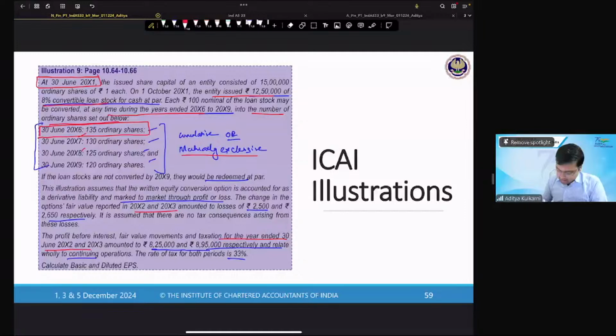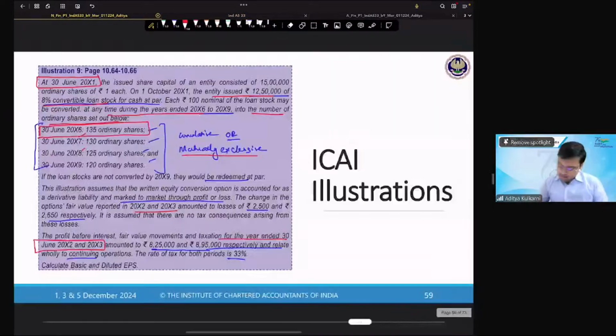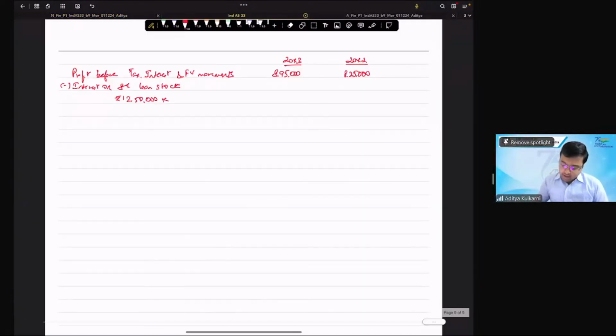The year ended 30th June 20x2 and 20x3. So the year ending is 20x2. I have issued it on 1st October x1. So how many months for year 1? 9 months. That is 12,50,000 into 8% into 9 by 12. So that is equal to how much?